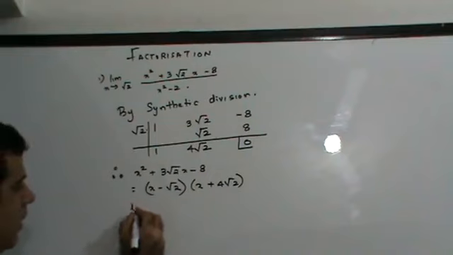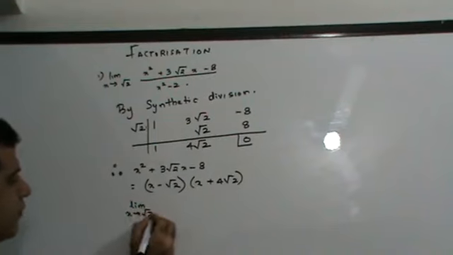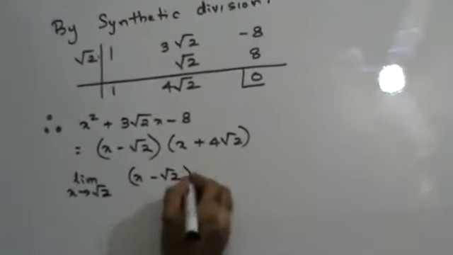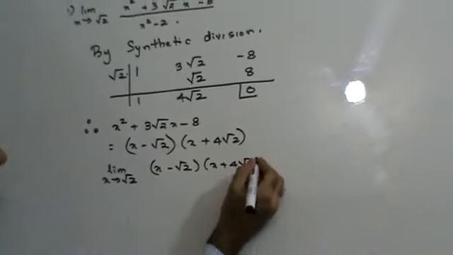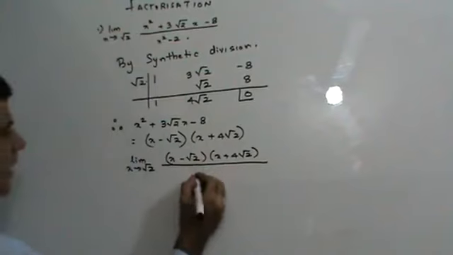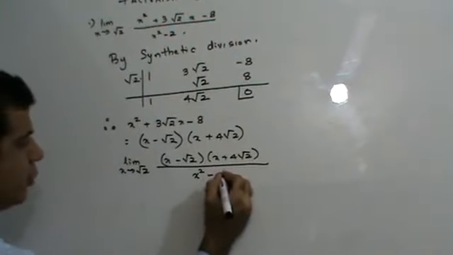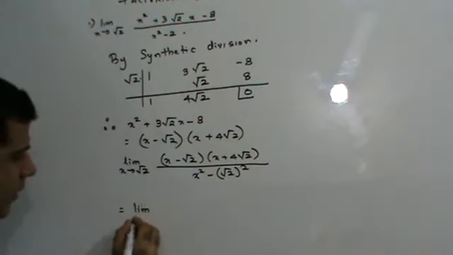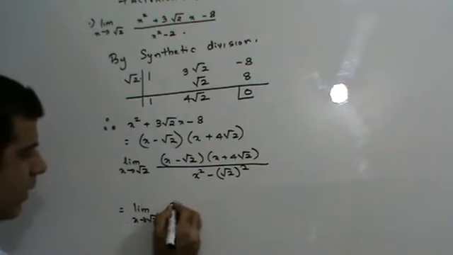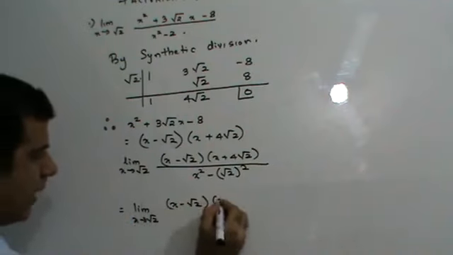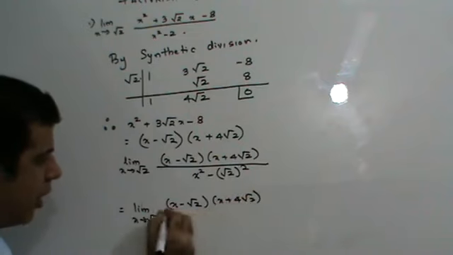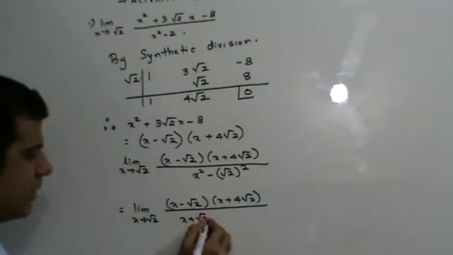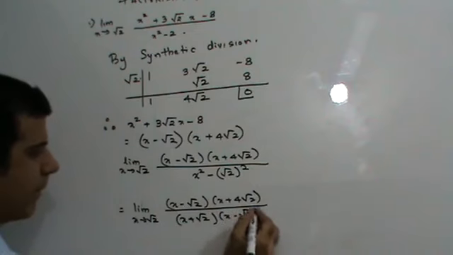Now let's start with the sum. Limit of x tends to root 2. Instead of the numerator, I can write x minus root 2, x plus 4 root 2. In the denominator, x square minus 2. 2 can be written as root 2 the whole square. This can be written as limit of x tends to root 2, (x minus root 2)(x plus 4 root 2) upon, this is in the form a square minus b square, so this will be (a plus b)(a minus b).